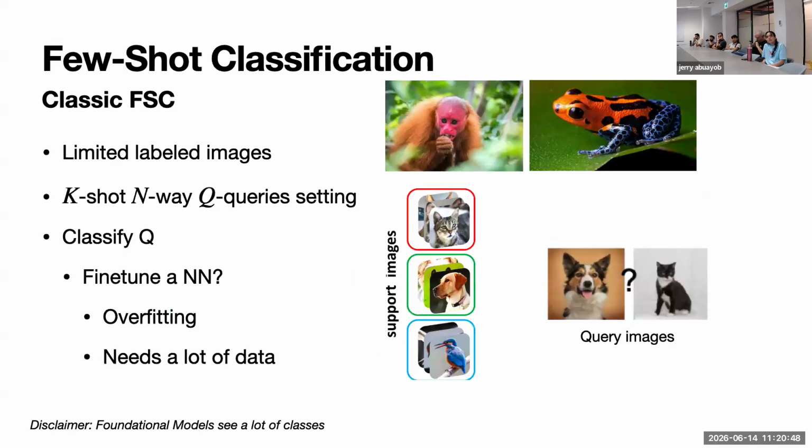Okay, so the main problem that we're tackling over here is called few-shot classification. At first, I'm going to talk about what classical few-shot classification is and what is the setting that we're working on.